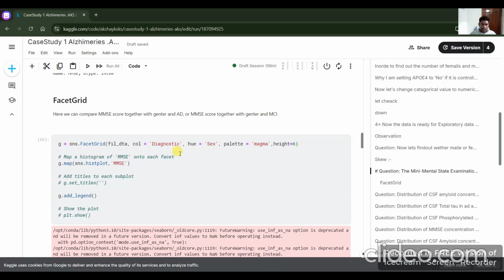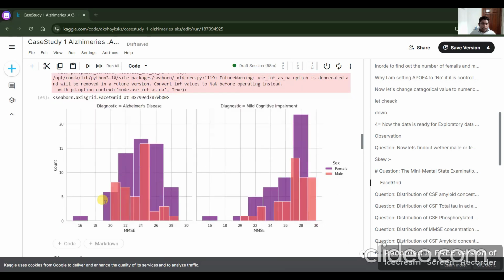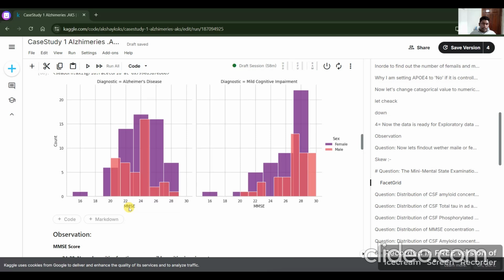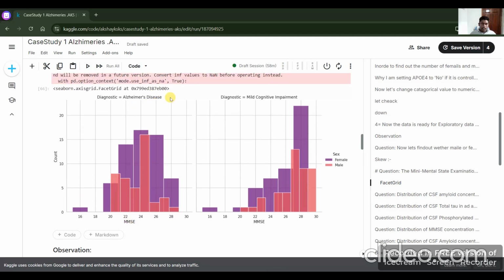SNS facet grid, diagnosis, sex, height, map histogram MMSE, and set titles, add legend. There we can see MMSE and diagnosis is equal to Alzheimer's MMSE.